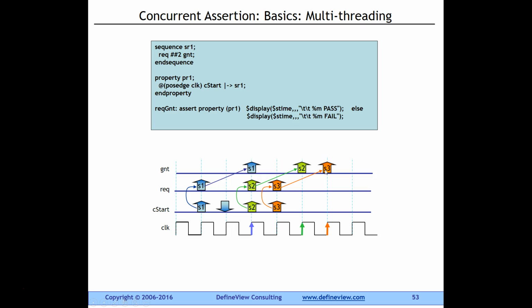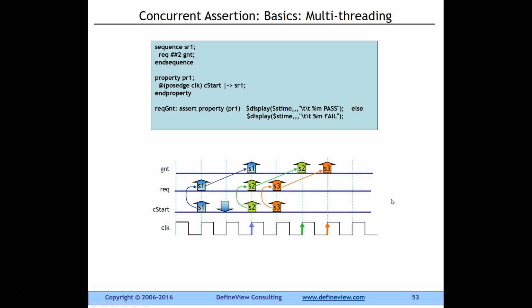So the point is, with concurrent assertions, you really don't need to worry about when the antecedent will fire, when a particular thread that started with the firing of the antecedent will complete, not complete, could be in the middle of the execution, and how the very second firing of the same property, same assertion, will affect the preceding assertion. You don't have to worry about any of those things.